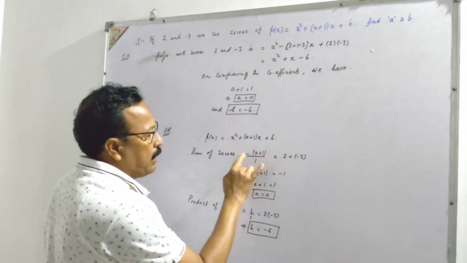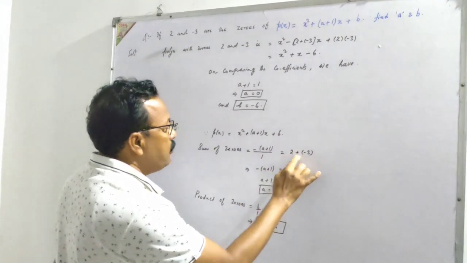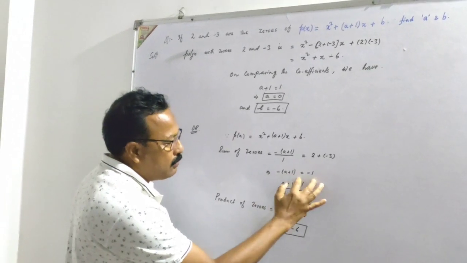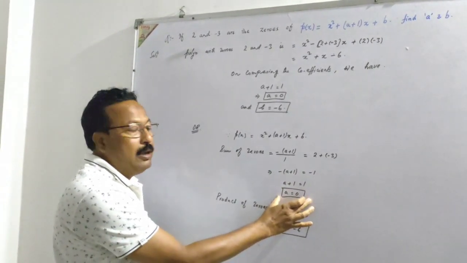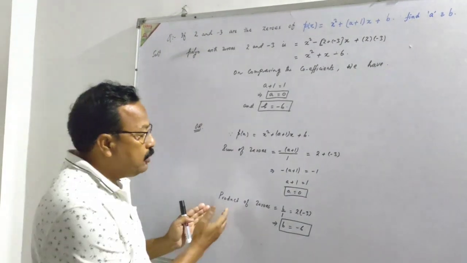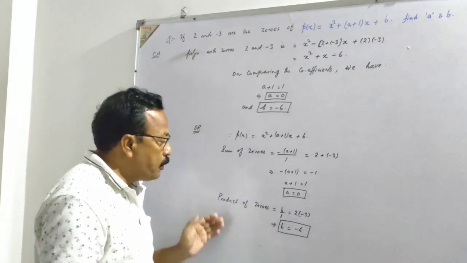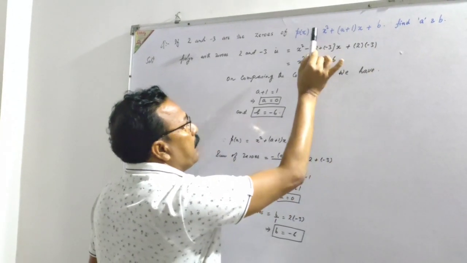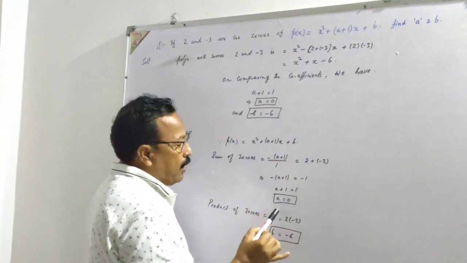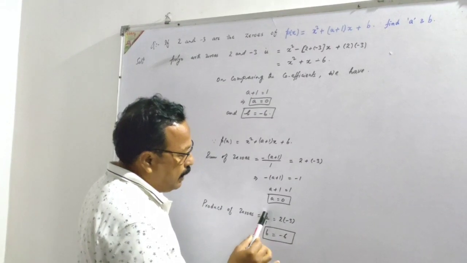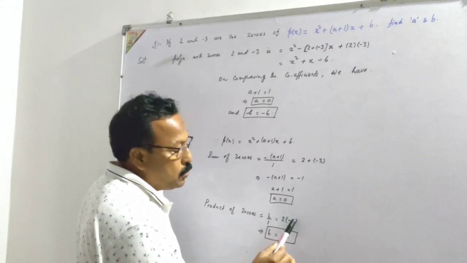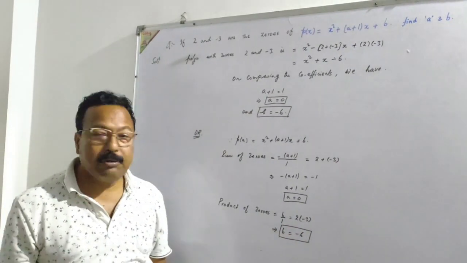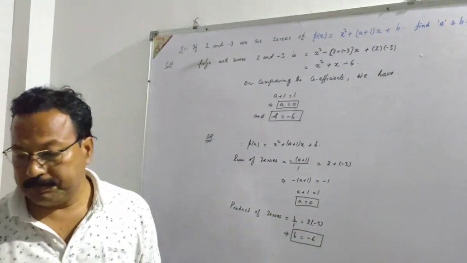So minus of a plus 1 by 1 equals the sum of the zeros, 2 plus minus 3, and finally we got the value of a as 0. And the product of zeros is the constant term divided by the coefficient of x square. Here b by 1 equals 2 into minus 3, and finally we got b equals minus 6 and a equals 0.